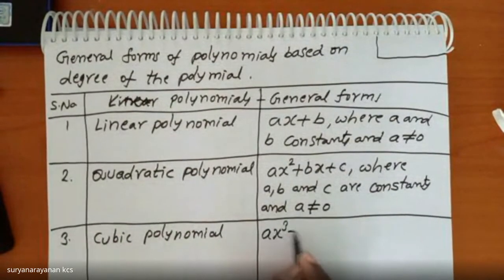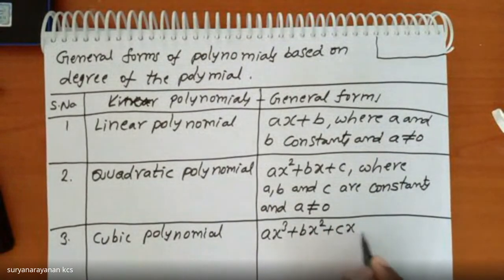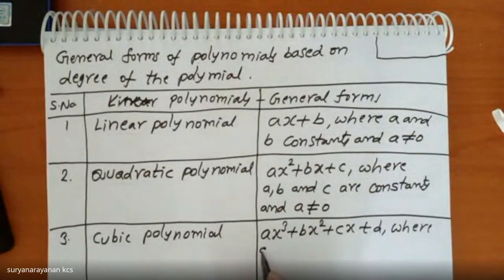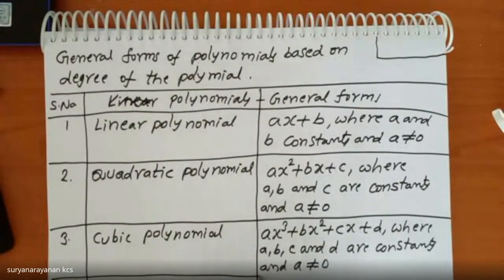Ax cube plus bx square plus cx plus d, where a, b, c and d are constants and a is not equal to 0.